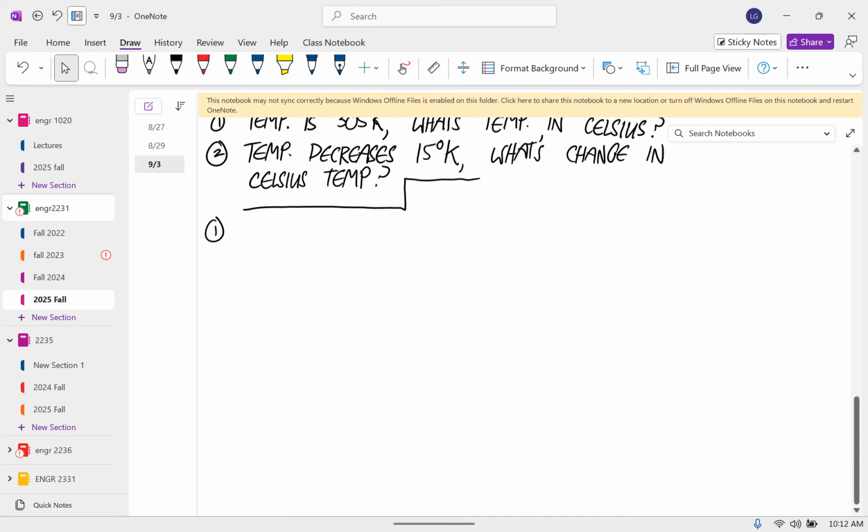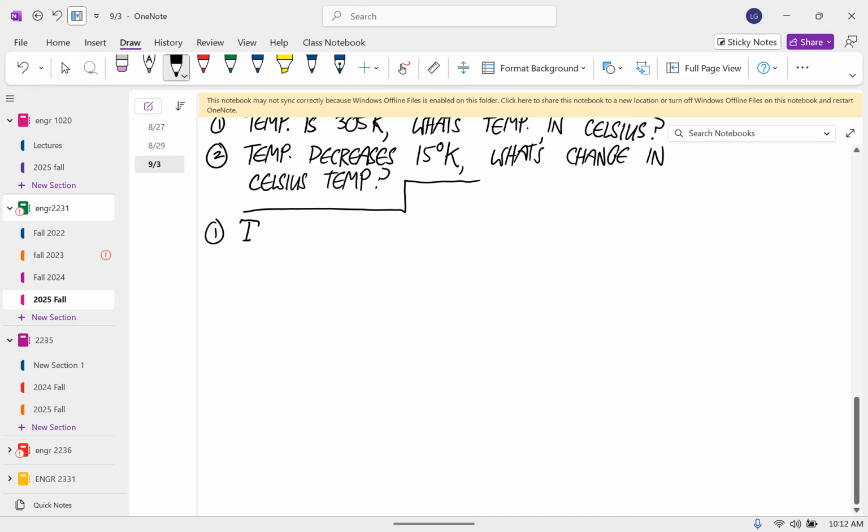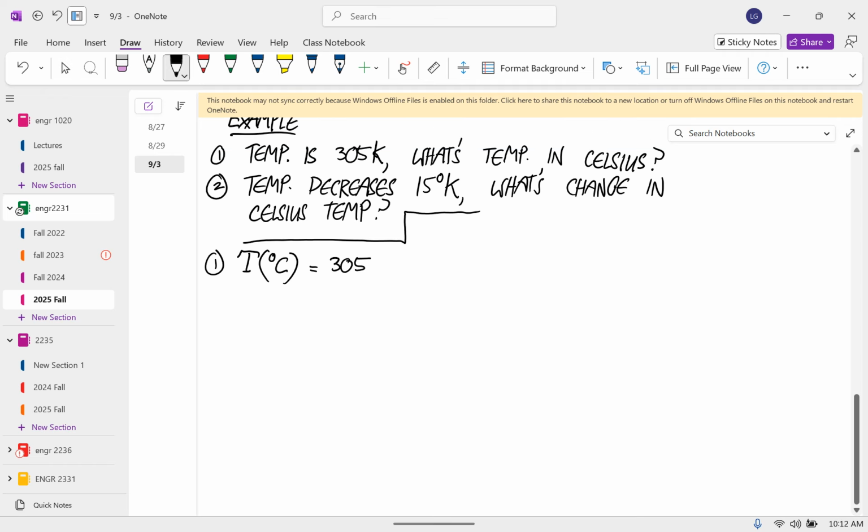And so we have that the Celsius temperature is equal to 305 minus 273. So that's 32. So 32 degrees Celsius.